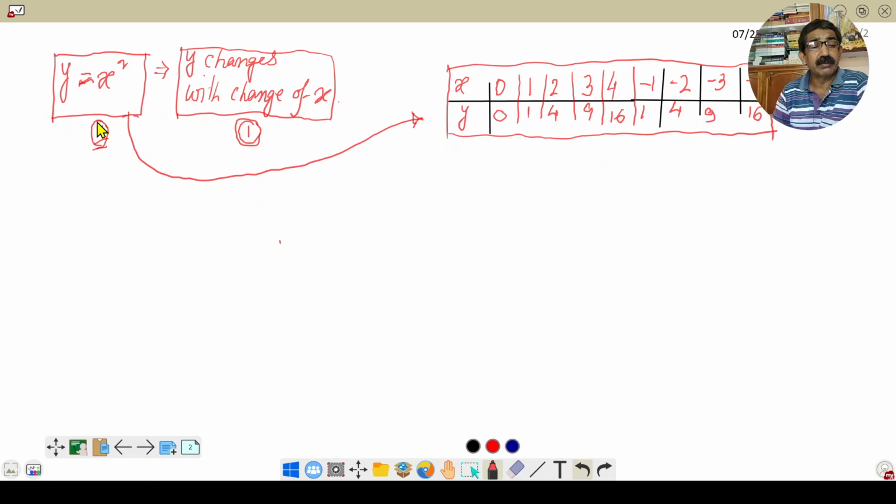This is the second kind of information, and this is the third kind of information. So the same information is given here. Now we are going to give this information in another way. Suppose this is a coordinate system, x and y axis like this.